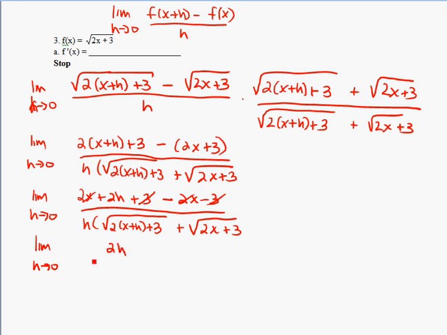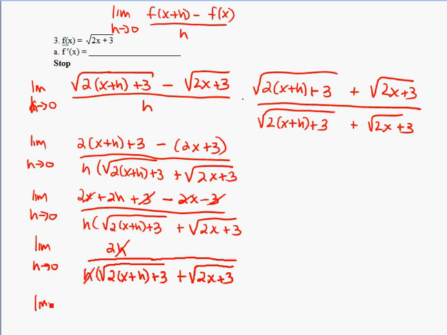So 2h over h times the square root of 2 times x plus h plus 3 plus the square root of 2x plus 3. Again, if these h's don't cancel, you made a mistake.